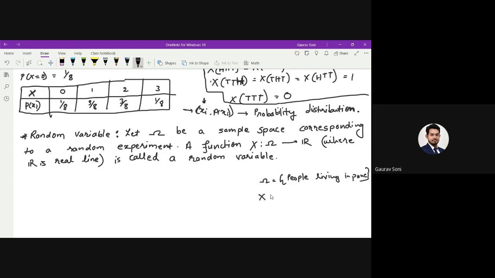And I'm defining the random variable from sigma to R as X of p equal to the weight of p. Weight is a real number. So for every person I take, I'll find out his weight.